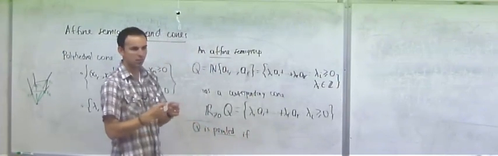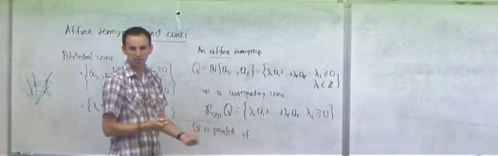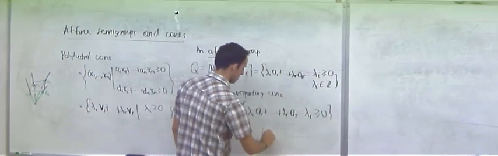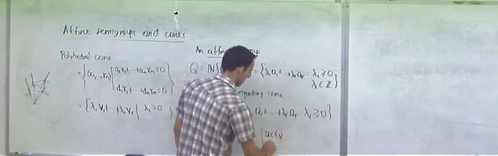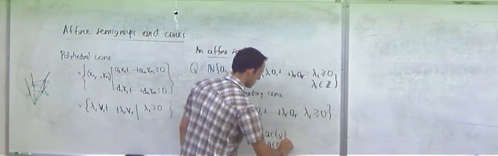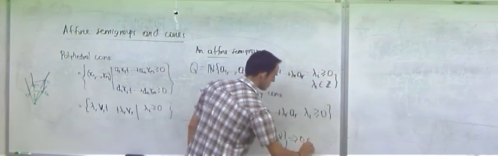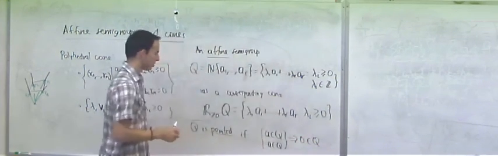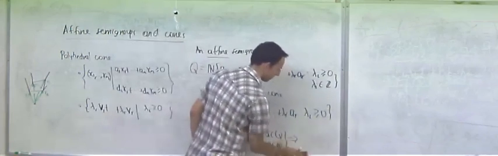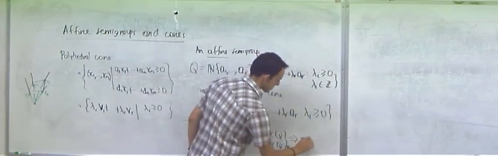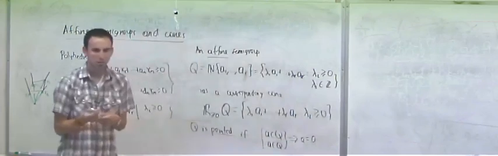it doesn't contain A and minus A unless A is 0. Okay? So whenever A and minus A are in the semigroup, A must be 0. So what am I saying here?